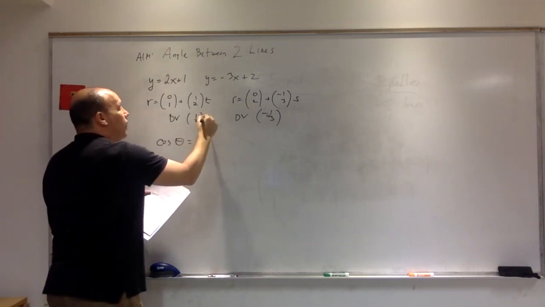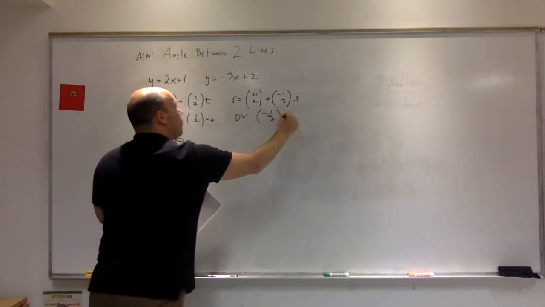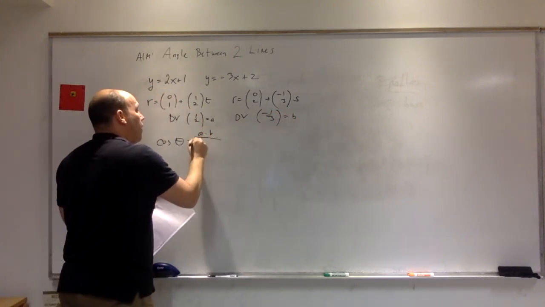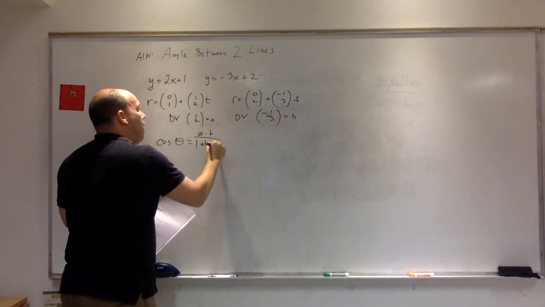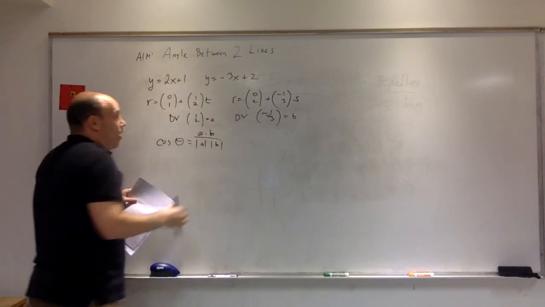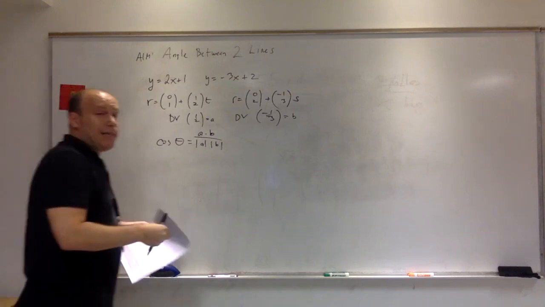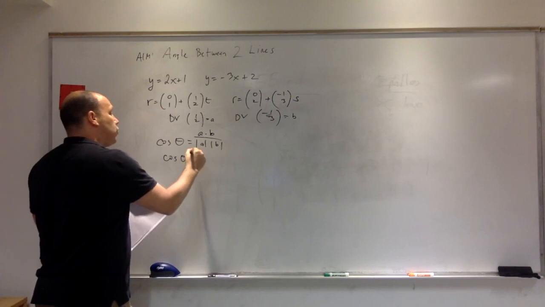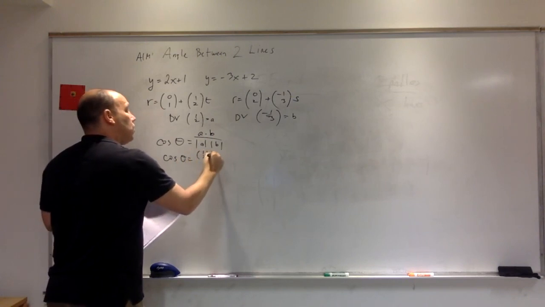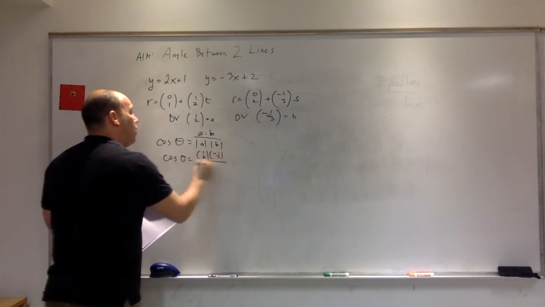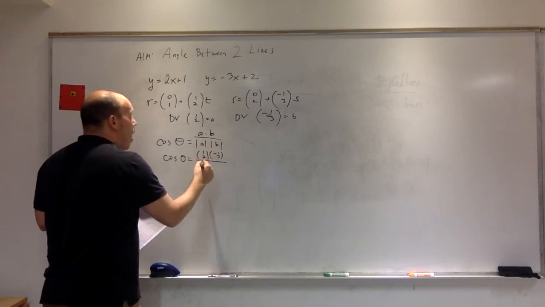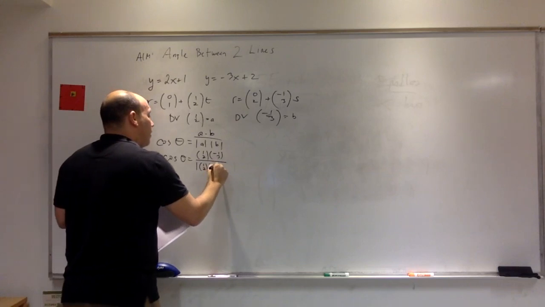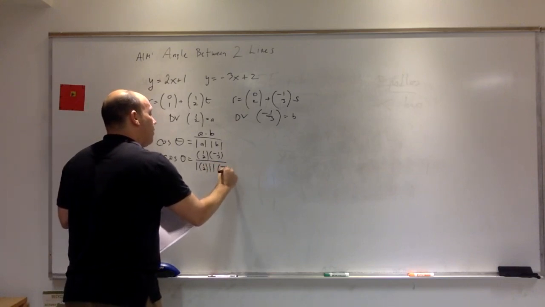Let me call this A, and let me call this B. It's A dot B divided by the magnitude of A times the magnitude of B. So we have here cosine of theta is equal to (1, 2) dot (-1, 3) over the magnitude of (1, 2) times the magnitude of (-1, 3).